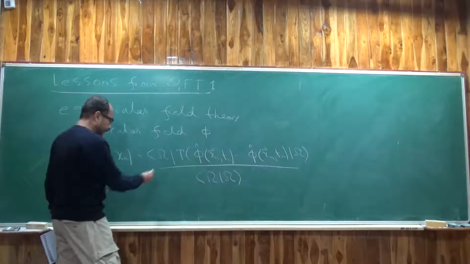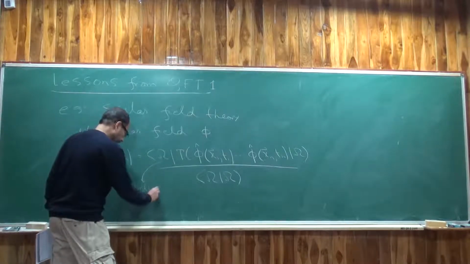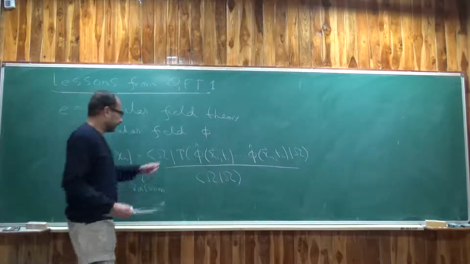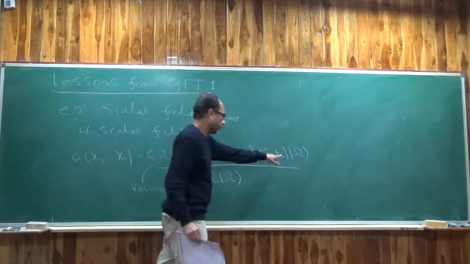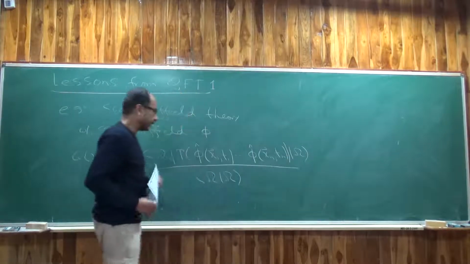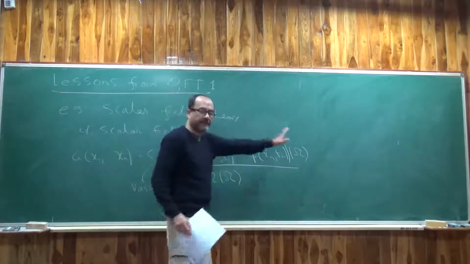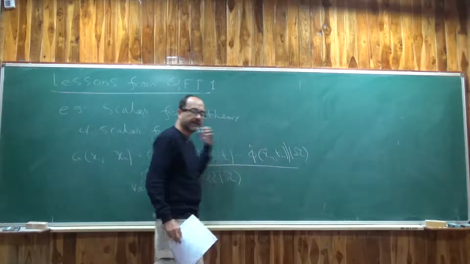So let me explain these various notations. So this is our vacuum. This symbol is time ordered product, which means that whatever be the order of operators inside this product, you always make sure that the one with the earliest time in the argument is to the extreme right, the one with the largest time or the latest time is to the extreme left.